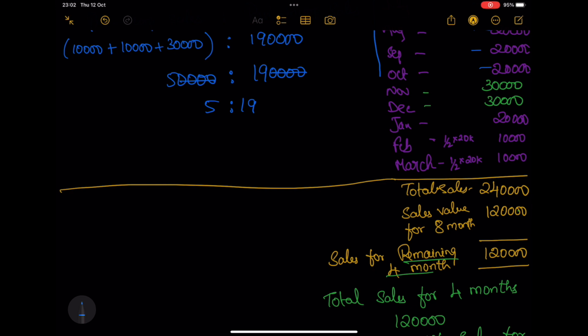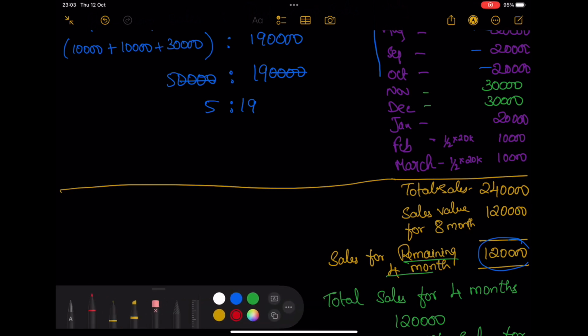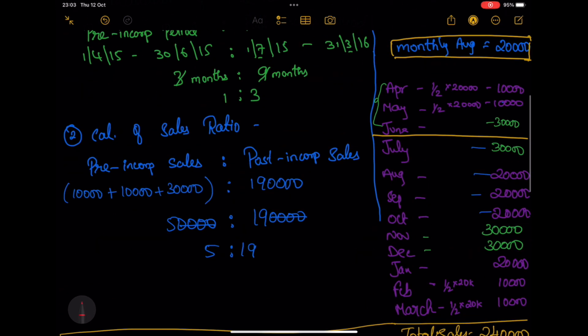We are going to identify the values, then we will be answering it. Okay, so very easy. So the sales ratio is 5:19. Got it? So this is how it works. So we will be calculating it.